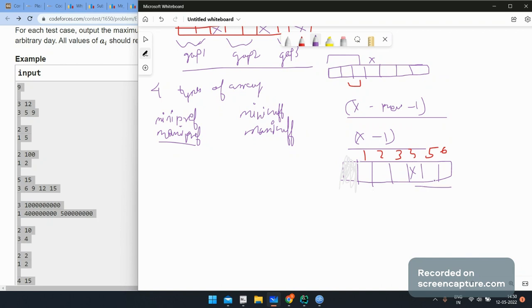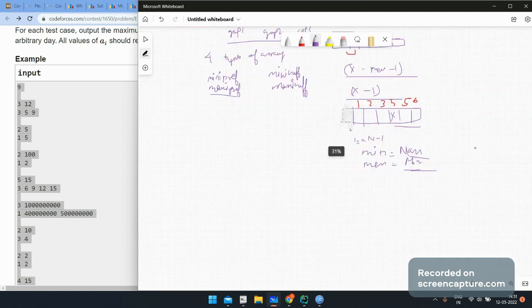Nothing, because the right-hand side is not a gap. If there was an exam there, it would be counted as a gap, but it is not. So for i equal to n minus 1, the minimum suffix and maximum suffix of n minus 1 should be maximum and minimum respectively. So that's one point.